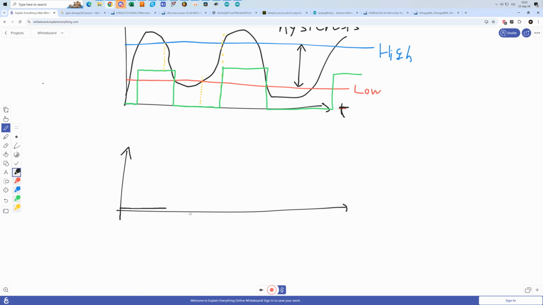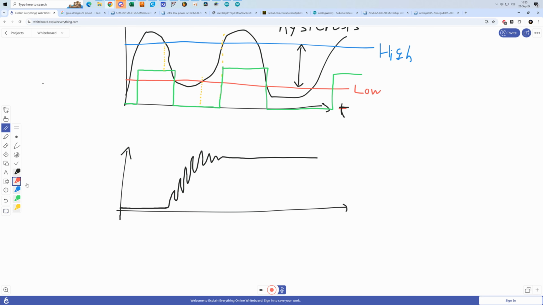But during the change, there are some oscillations that can happen. So the voltage is going to look somewhat like this. It will ramp up with these sort of oscillations. And then it will finally settle at logic high value.